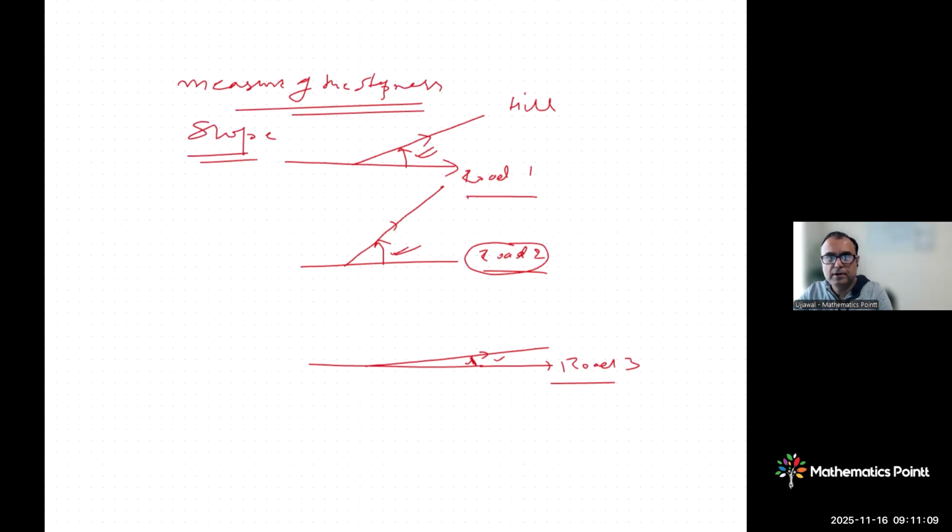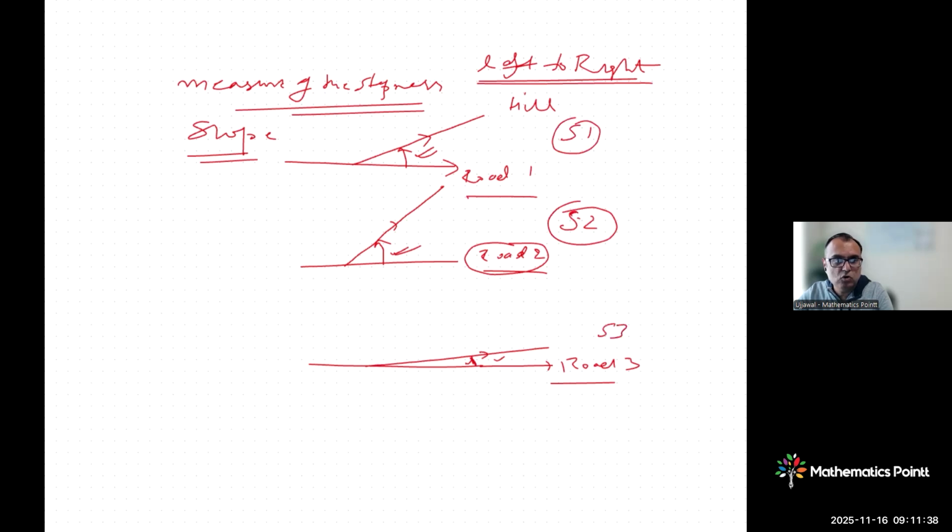Now, slope or the steepness is always measured in the direction left to right. Always remember that. So the slope of road 2, I call it S2, and let's say the slope of road 1 is S1 and the slope of road 3 is S3.